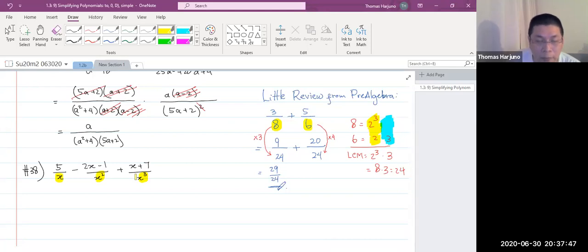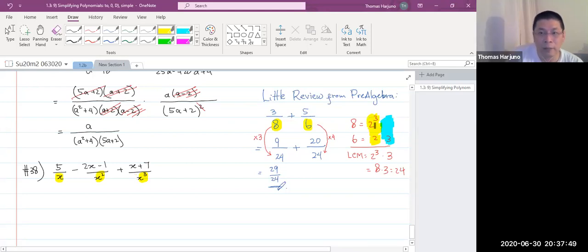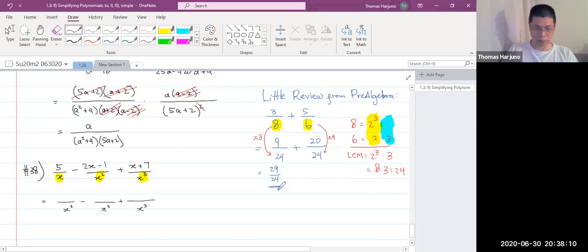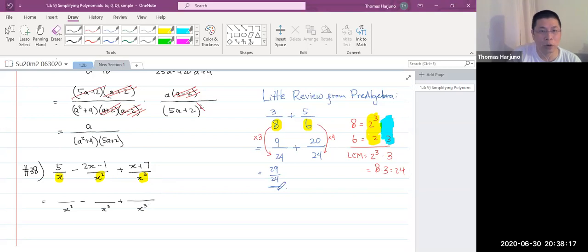And if they have the same base, choose the highest exponent as your LCD. So here the LCD will be x cubed. The last fraction already has that denominator, so I don't need to do any adjustment for that one.